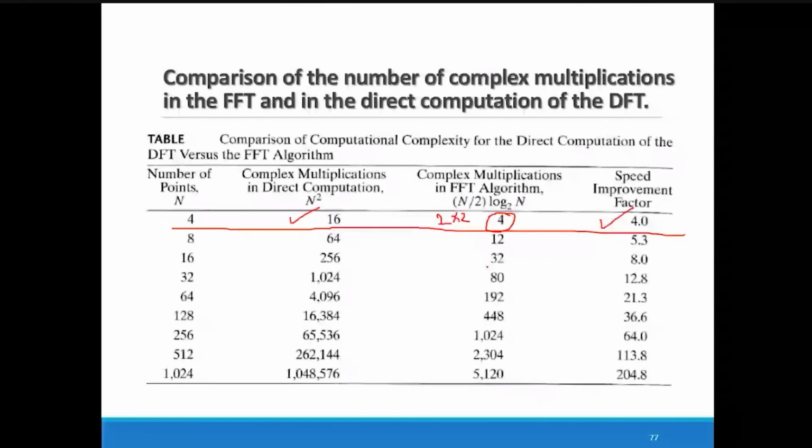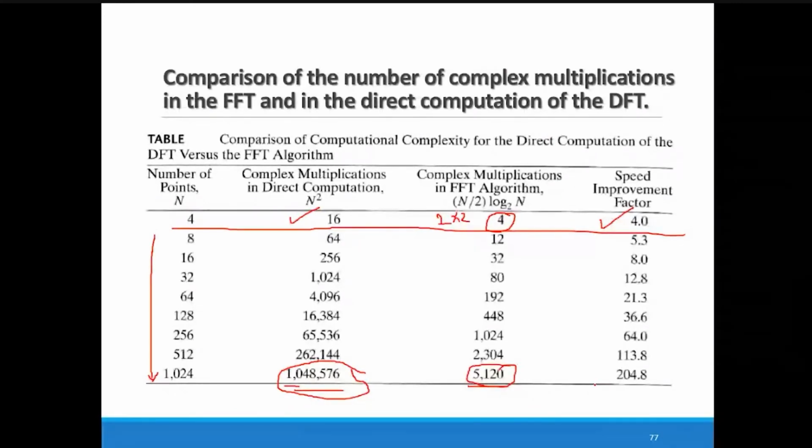Similarly, as we increase the number of points, we can observe at the last, suppose I am taking 1024 points. In the direct computation, I require 10,48,576 multiplications, but in the FFT I require only 5,120 multiplications. Here the number of multiplications is in lakhs, and here you require just 5,000 complex multiplications to complete the computation.